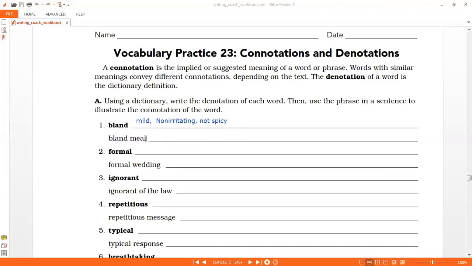So since we have bland meal here to be used in a sentence, I will make a sentence with the connotation not spicy. Straight pasta is a bland meal.